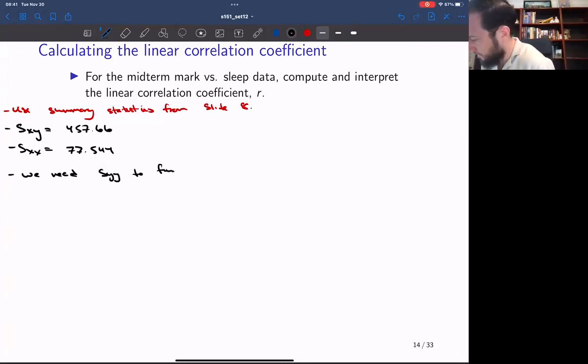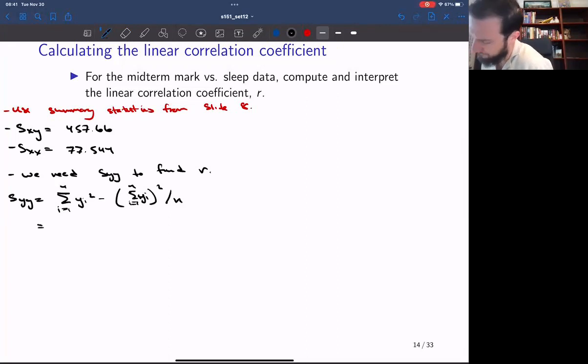SYY is equal to the sum from i equals 1 to n of y squared minus the sum from i equals 1 to n of yi, all squared, divided by n.